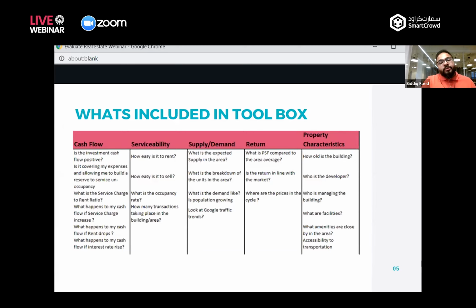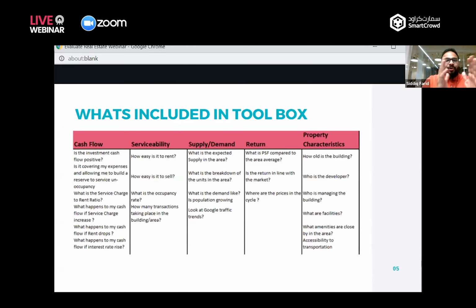And we'll talk about returns, what kind of different returns there are. But it's also important not to look at absolute numbers, because a lot of people talk about, oh, buy a studio for 200 or 300 or 400,000 dirhams. Great, fantastic. What's the size of the studio, right? Is it a 300 square foot studio or a 500 square foot studio? Looking at absolute numbers means absolutely nothing.